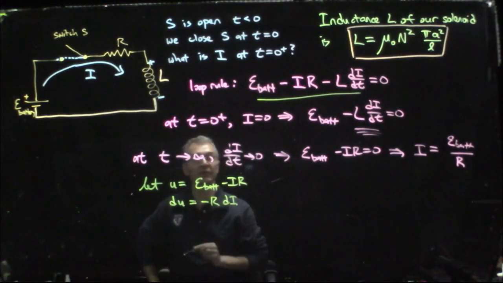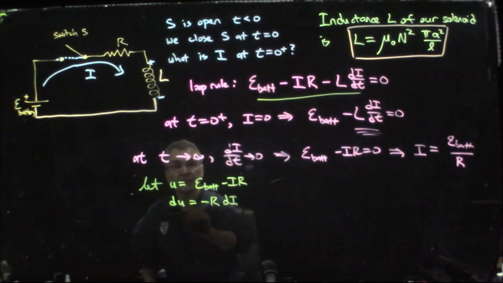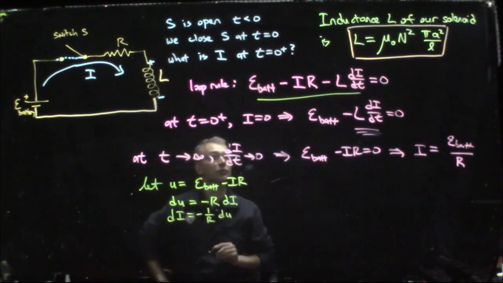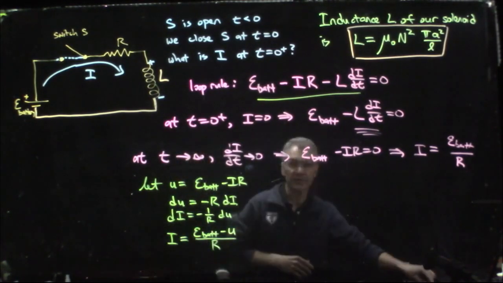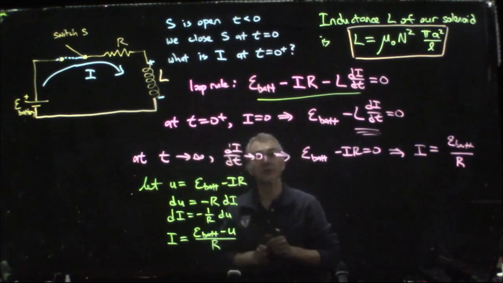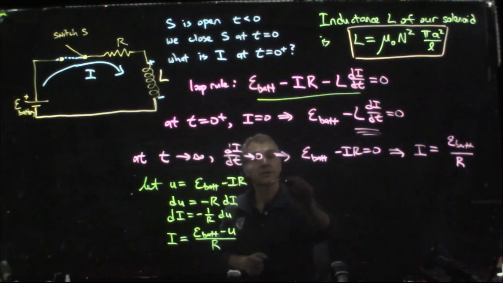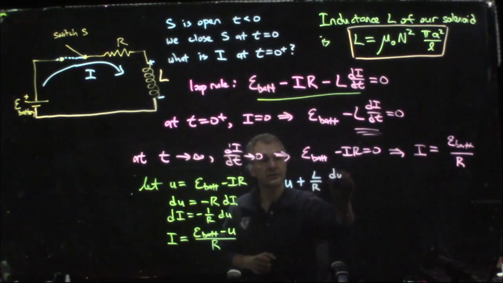The battery EMF is a constant. So then that gives us di is minus 1 over R du. And we also have then that I equals the battery EMF minus U divided by R. So then this differential equation is saying that U plus L over R du by dt equals 0.